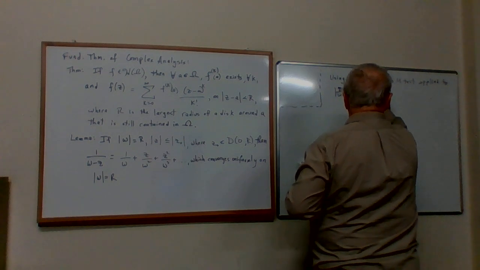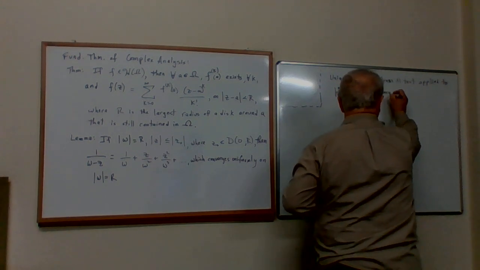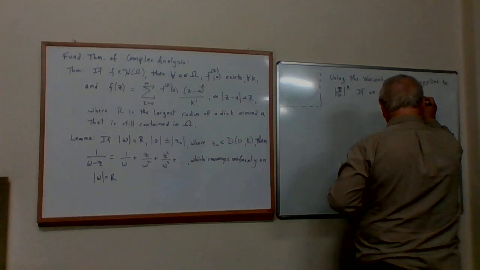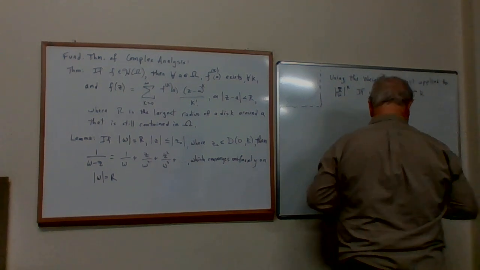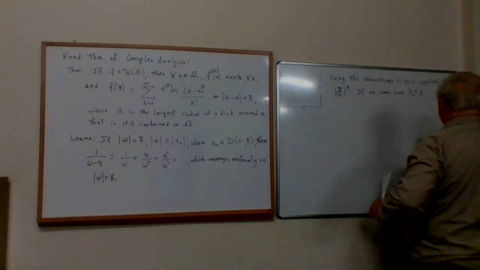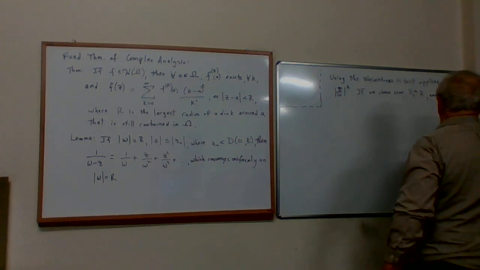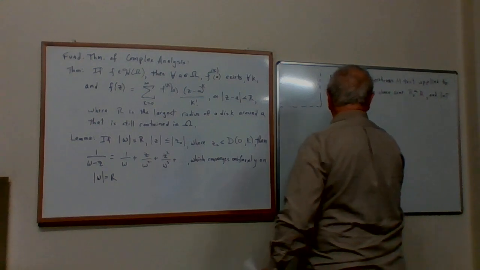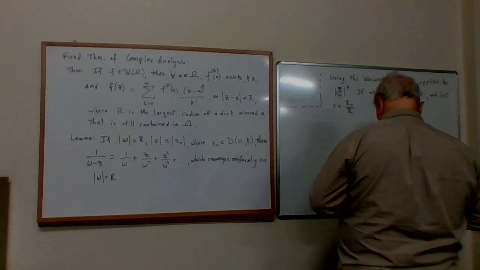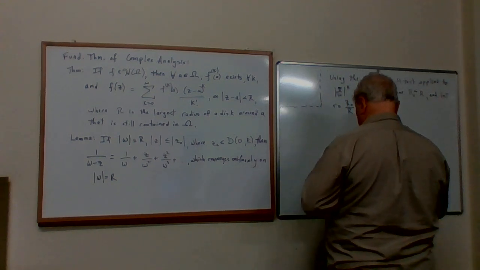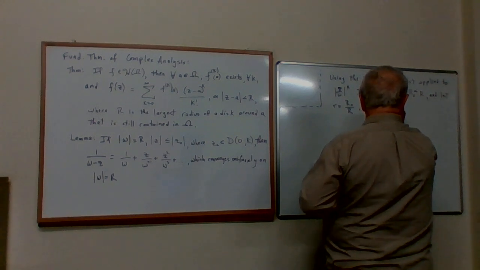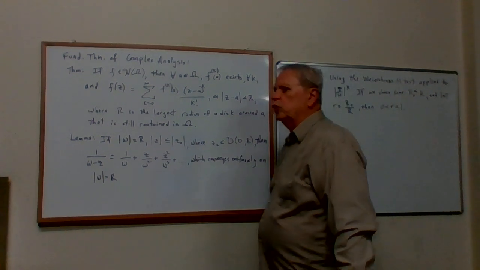Now, here's how we're going to do this. If we choose some R sub 0, which is strictly less than capital R, and let little r equal the quotient R0 over R, big R, then little r lives in the open unit interval.